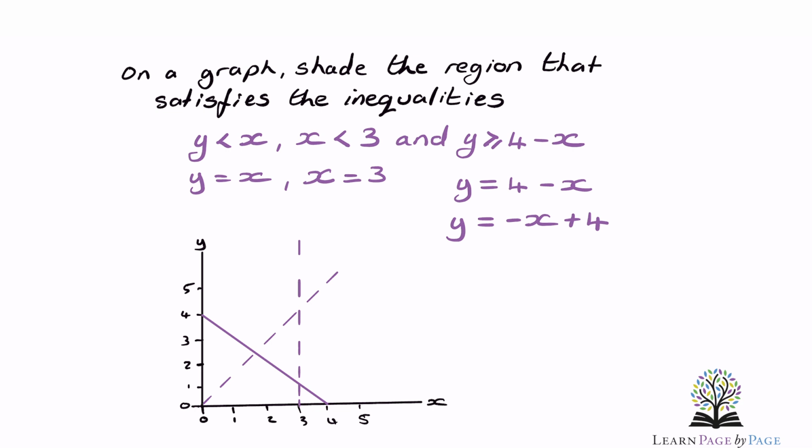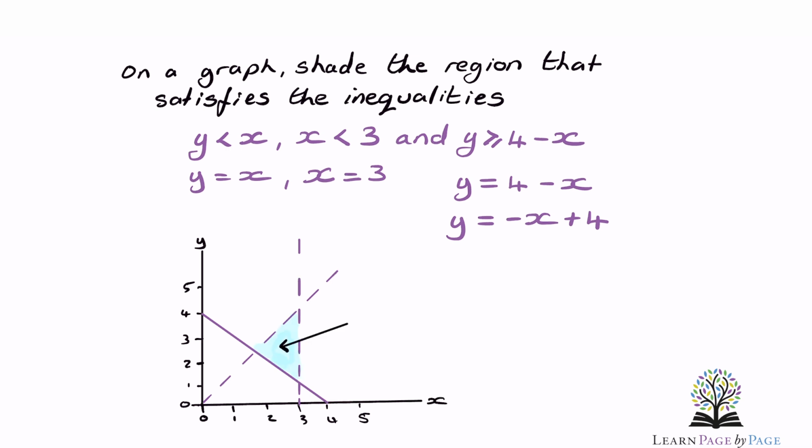And then the last one, y is greater than or equal to 4 minus x. That's that line here. So we would be shading anything that is above there. And the area that satisfies all 3 regions is this area here. So grab a highlighter, and that's our region. That region there satisfies the inequalities.